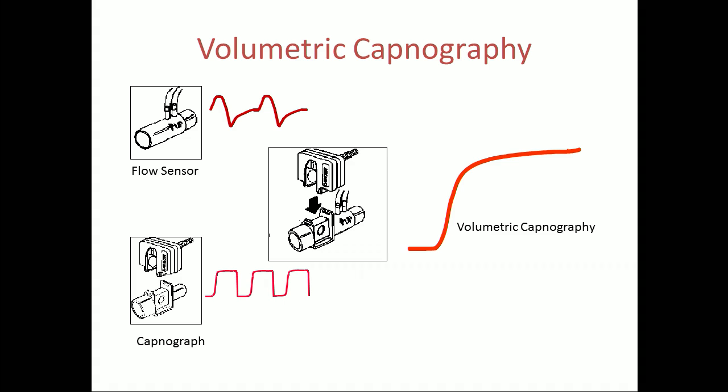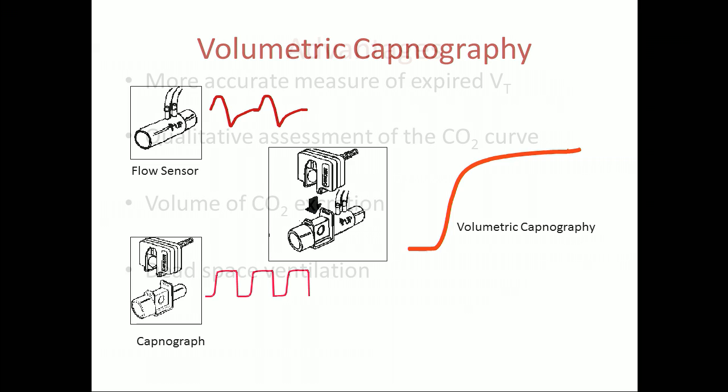Really, the kit is quite simple. It's an amalgamation of a flow sensor and an infrared capnograph, which is connected mainstream just distal to your ET tube. What this does, in real time, is integrate flow with concentration of CO2, and that gives you CO2 as a function of volume, and that's where the advantage is.